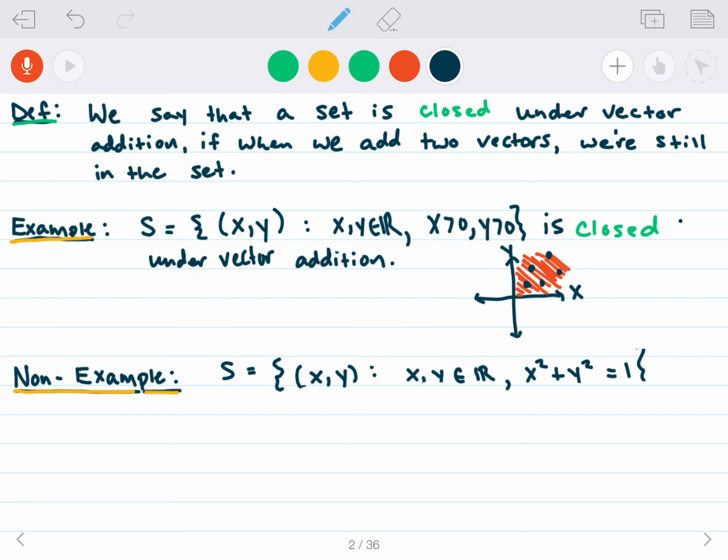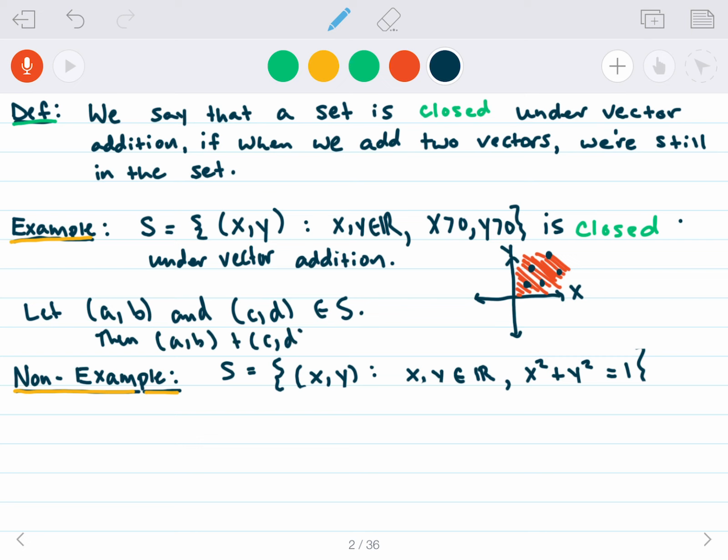So for example, let (a, b) and (c, d) be in S. Then (a, b) plus (c, d) is going to be equal to (a plus c, b plus d).